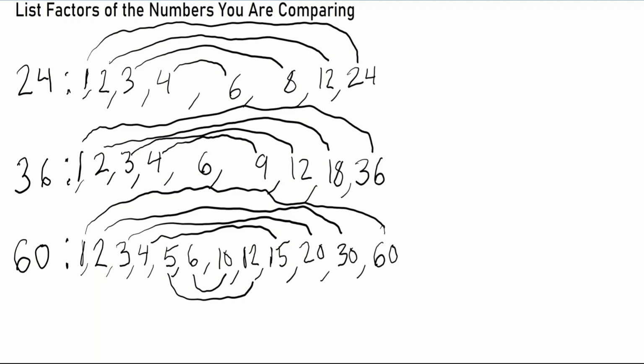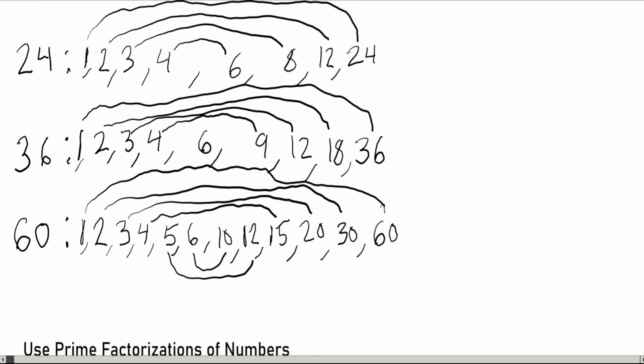Each of those pairs multiplies to equal 60. Now, let's look at the common factors between them. So, we see that all three numbers have 1, of course, as one of the factors, since 1 multiplied by a number is going to be that number.